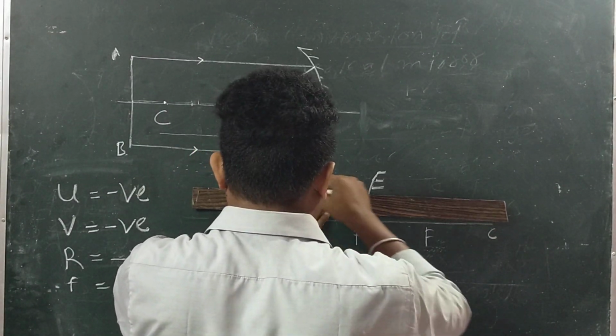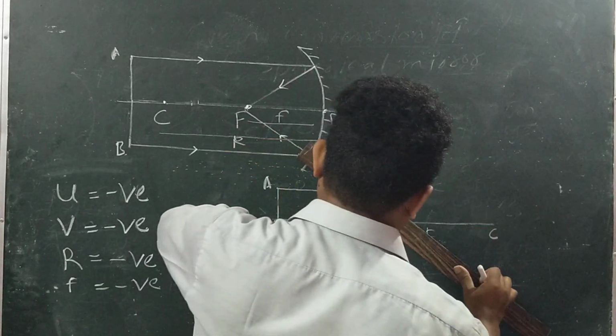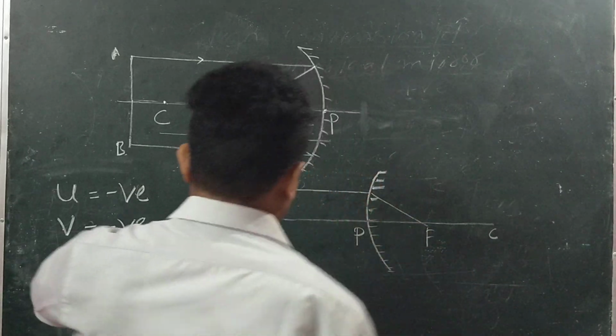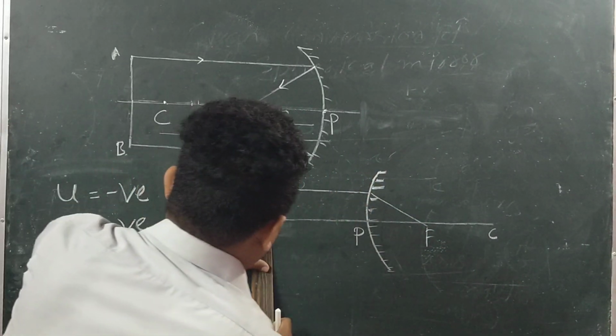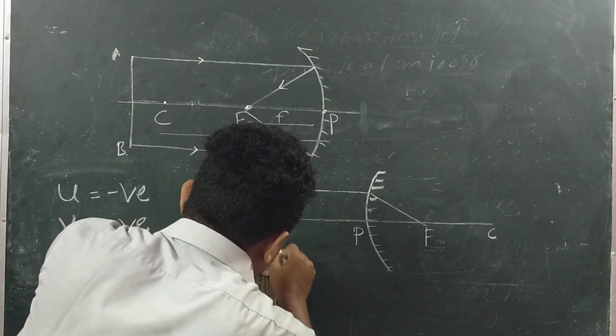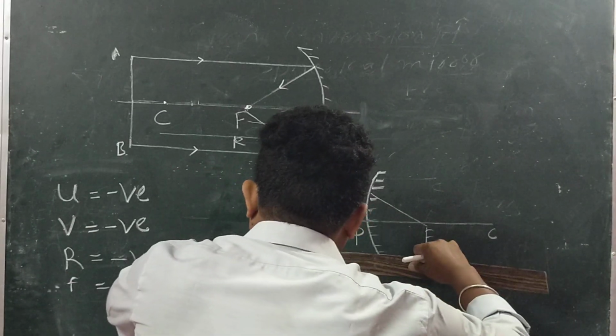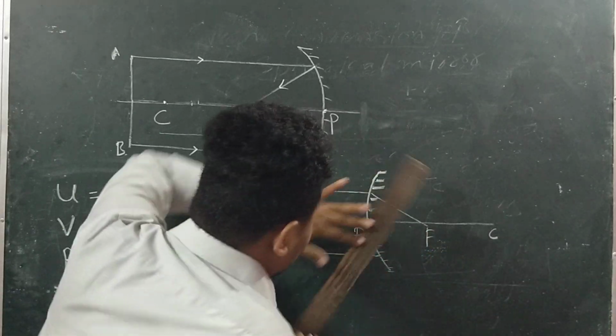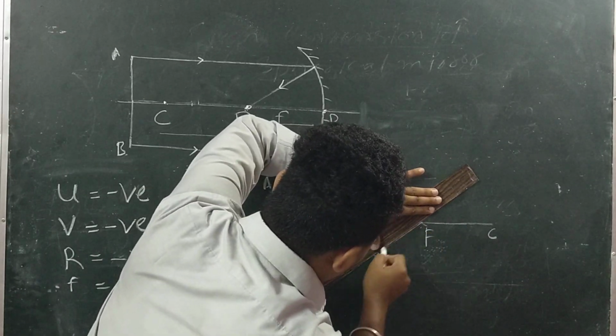suppose this is the convex mirror and images are going to form like that. AB will be a little bit larger. This will be the object AB, and the rays are going in such fashion. Just watch this diagram how I am drawing.